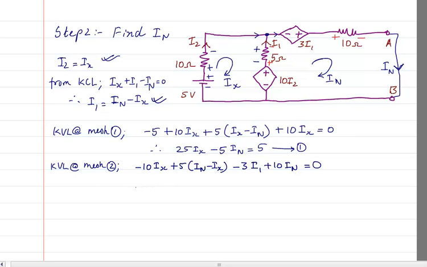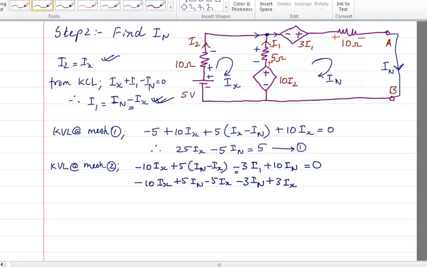Therefore now I can write this is minus 10 Ix, no problem, plus 5 In minus 5 Ix, that also is no problem, minus 3. Now I1 is In minus Ix, so I will write minus 3 In, and this minus and this minus will become plus, so I will get plus 3 Ix.